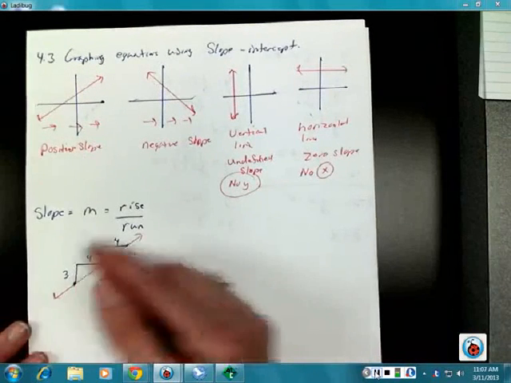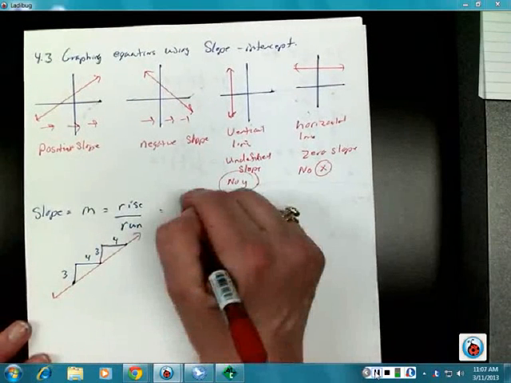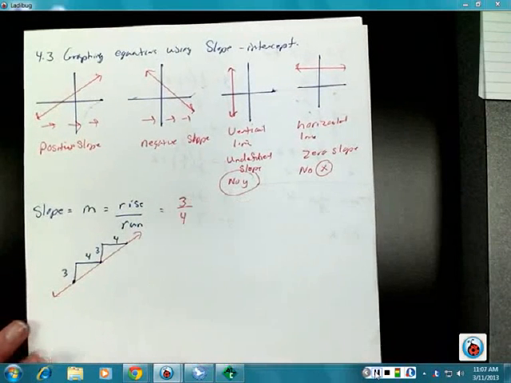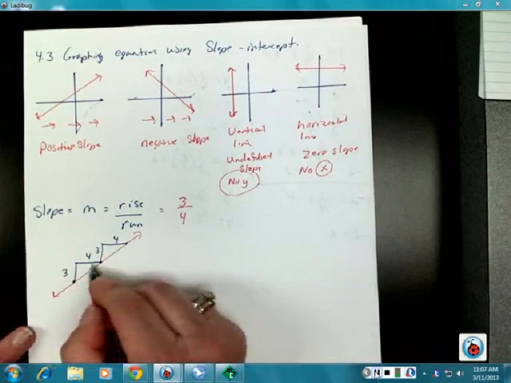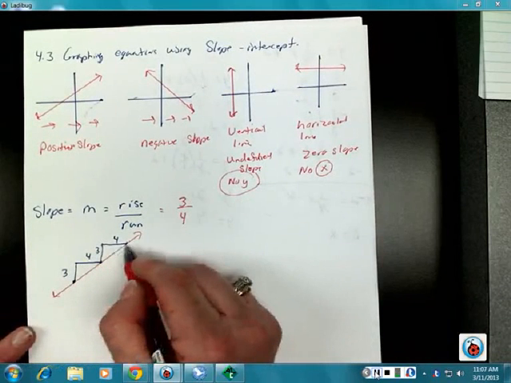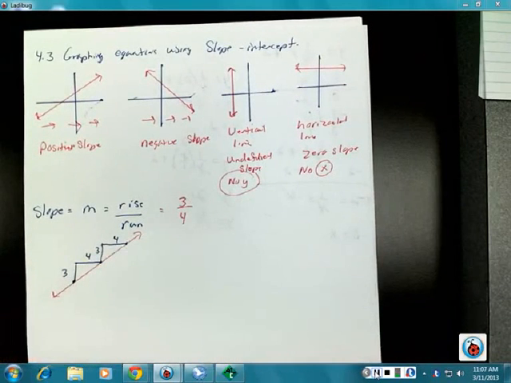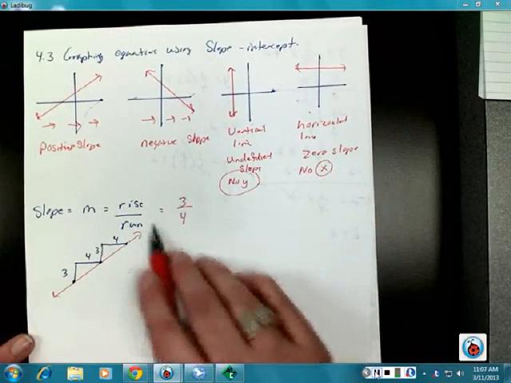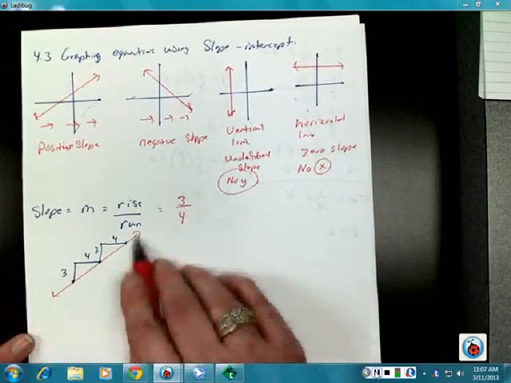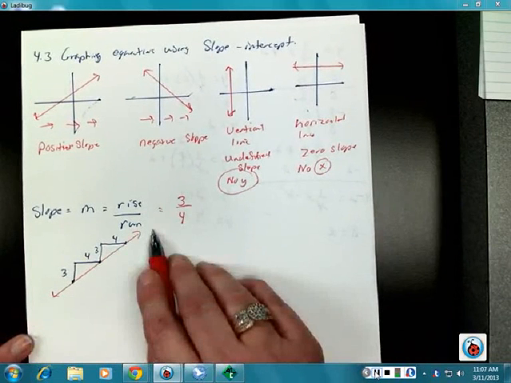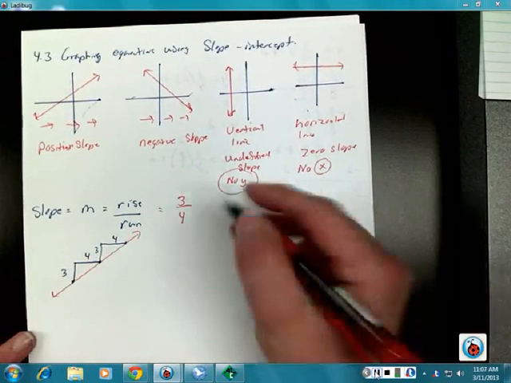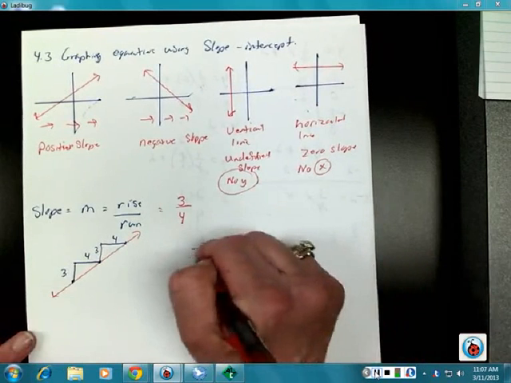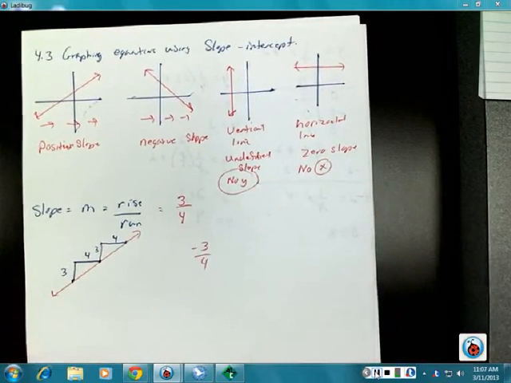So the rise is 3, so if this were my slope, 3 over 4, means I would go up 3 and I would go over 4, up 3 and over 4, and I'd end up getting that slope. Now because this is a positive value, I ended up with a positive slope. Okay? If it were negative, if I had a negative 3 over 4, what would that mean?